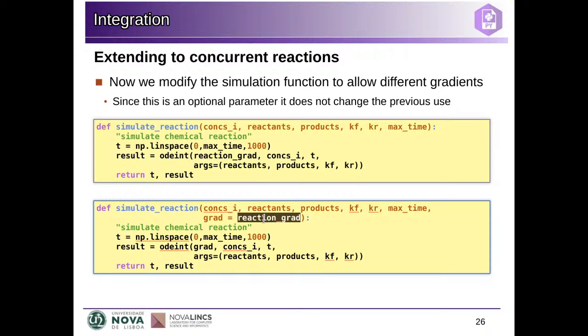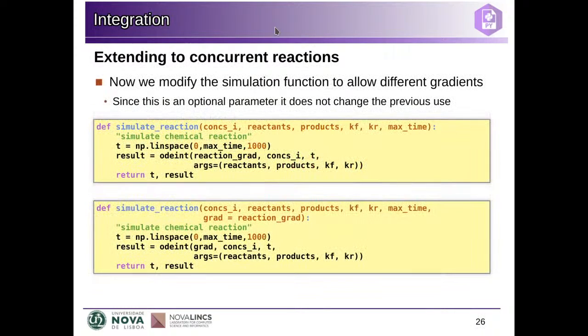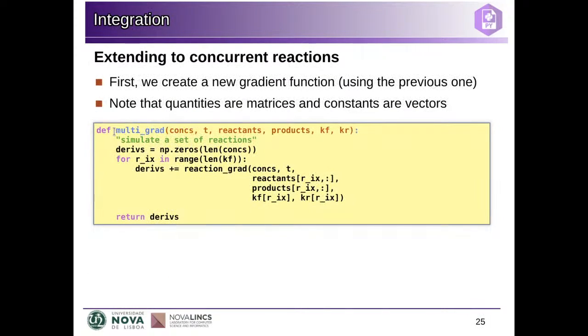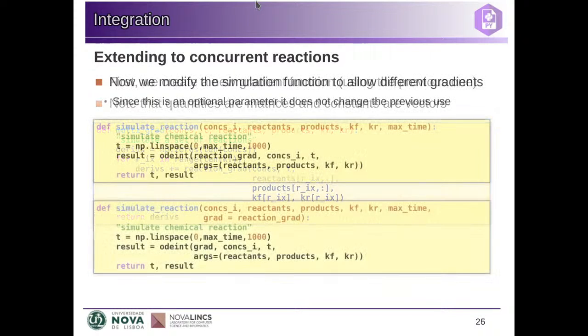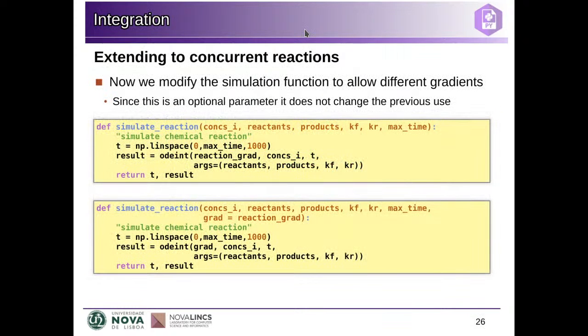So in this case, it's using the original function for the derivatives. But if we want, we can specify a new one, and we can do that here by calling this function with the multigrad function for the derivatives, the one that we created here. Again, we create a dictionary with the different parameters that we want, and we send everything into our simulate reaction function.